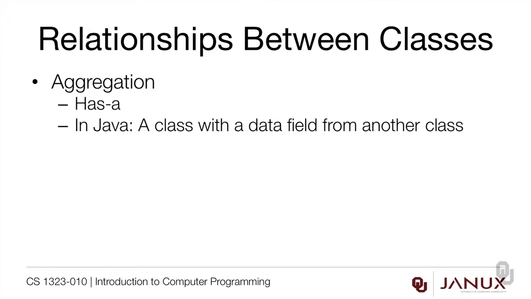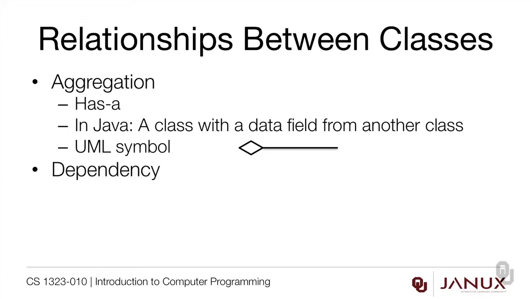Now, in Java, how aggregation is implemented is a class with a data field from another class. So sometimes that will help you, particularly as you're starting to really understand aggregation, to recognize when you're seeing that. The UML symbol for aggregation is an open diamond and then a long line. The diamond goes to the aggregating class, that is the bigger class.